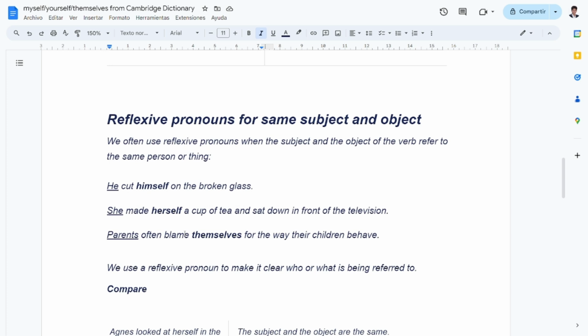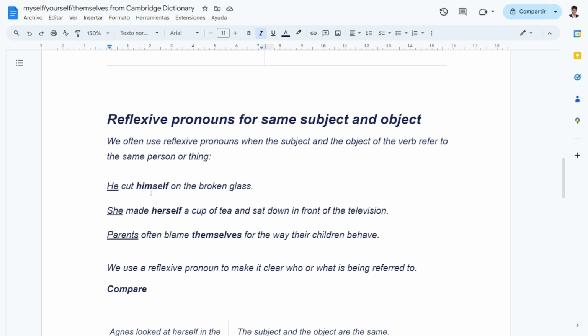We often use a reflexive pronoun when the subject and the object of the verb refer to the same person or thing. For example, he cut himself on the broken glass. Check it out. The subject and the object are the same person. In this case, the subject is who does the action to the object.